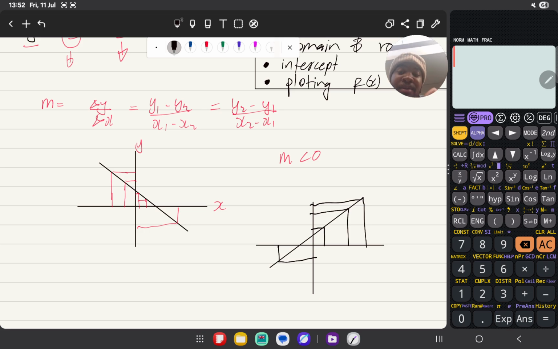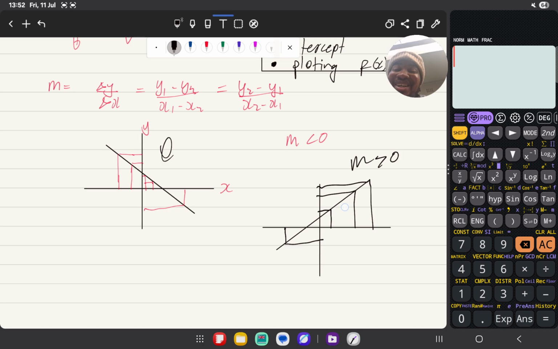So here where m is less than 0, it's an inversely proportional relationship. And for a positive gradient, where m is greater than 0, we have a proportional relationship, not inversely proportional. Alright, cool.